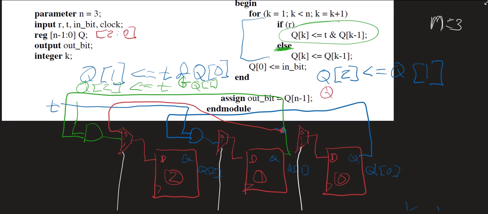And Q1 becomes Q0. And now we're done with the for loop, and Q0 becomes in bit.